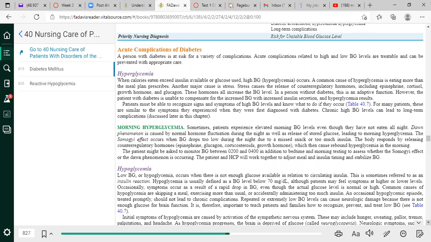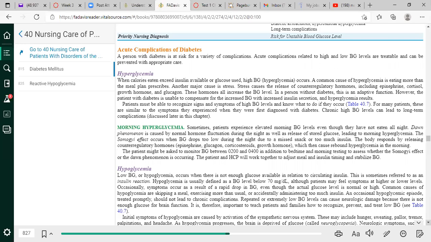All of those hormones can actually raise our blood sugar. So if you see test questions, which hormones can raise your blood sugar, you definitely know epinephrine, glucagon, corticosteroids, and growth hormones. Anytime y'all hear the word cortico in a word, you know it's a steroid. Anytime you hear steroid in a word, you know it's a steroid.